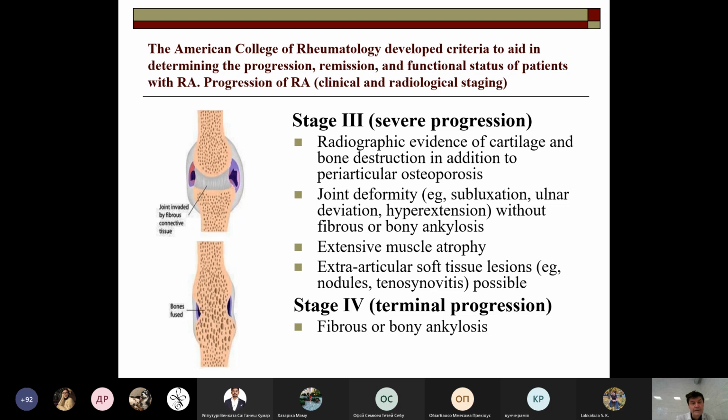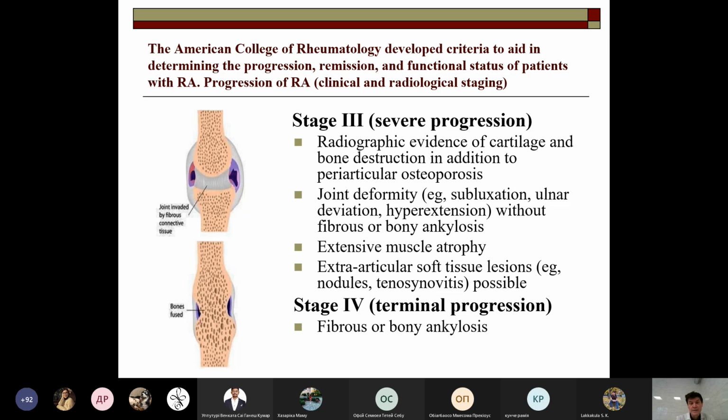So you should know that stages 1 and 2 are the optimal time during which you can provide effective treatment and bring about a reverse effect on the pathological condition.